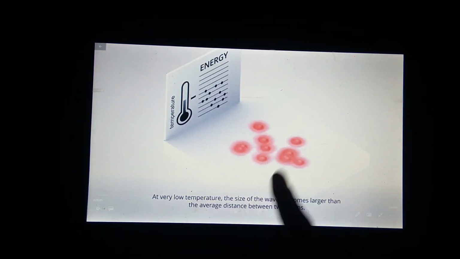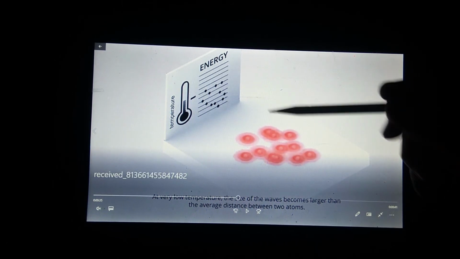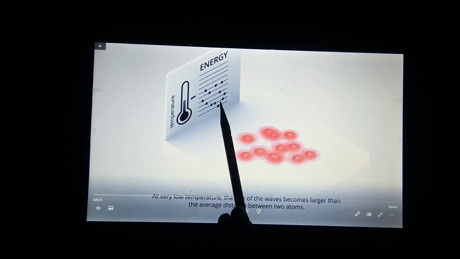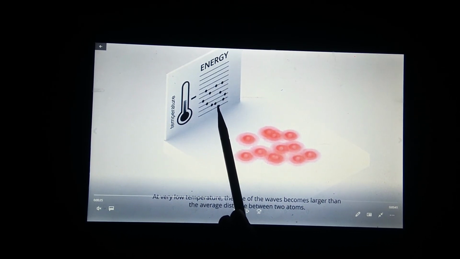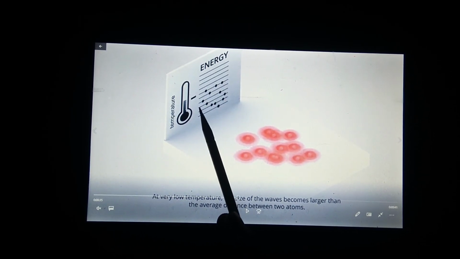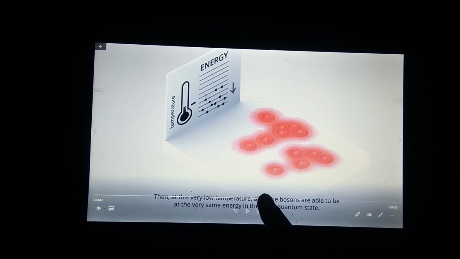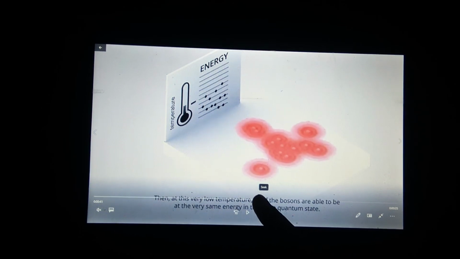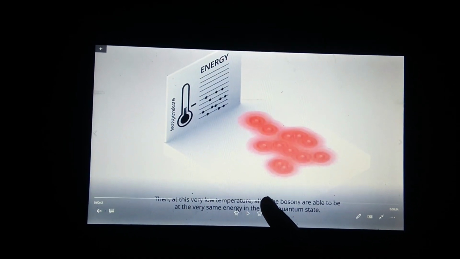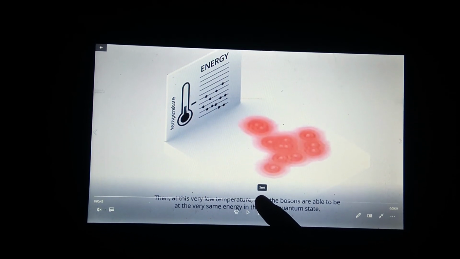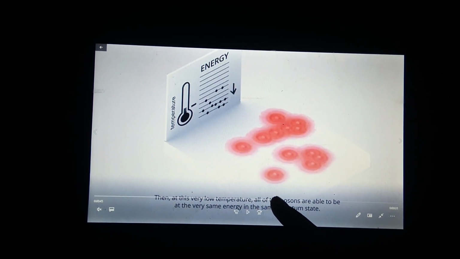So this is very small. We have one boson. We can say that we don't have any boson in the ground state at a temperature T naught. But below T naught, below this temperature, we have a rapid increase in bosons.